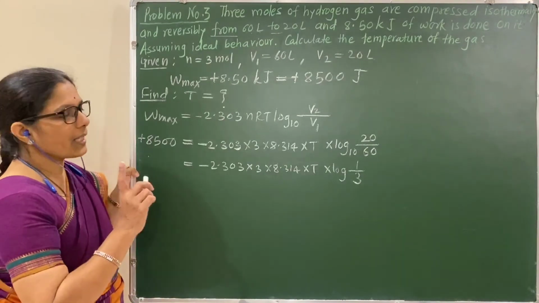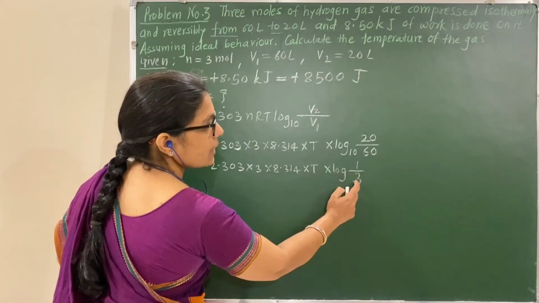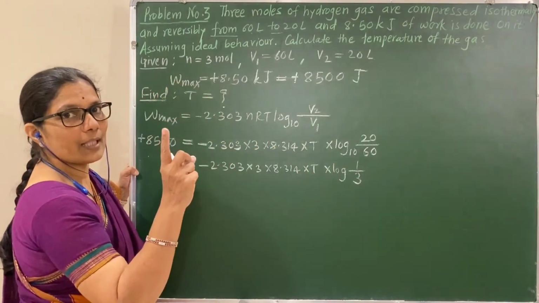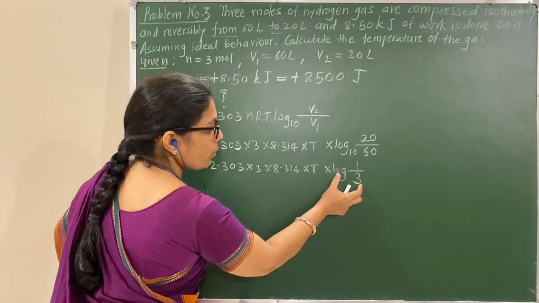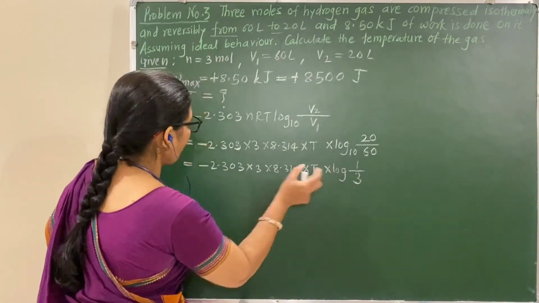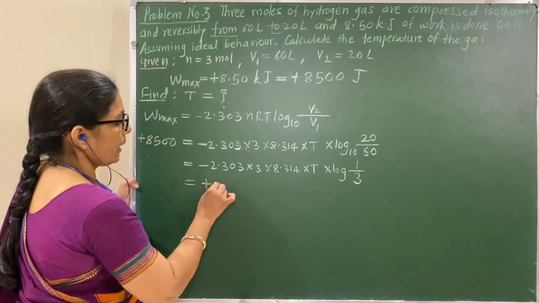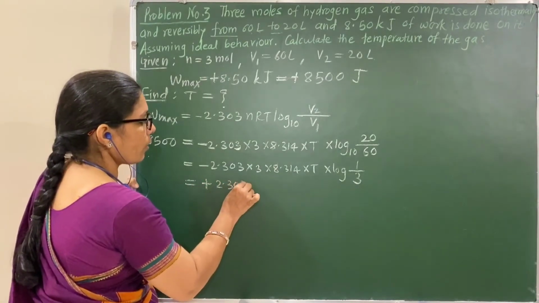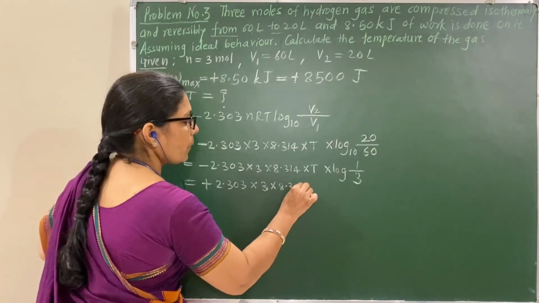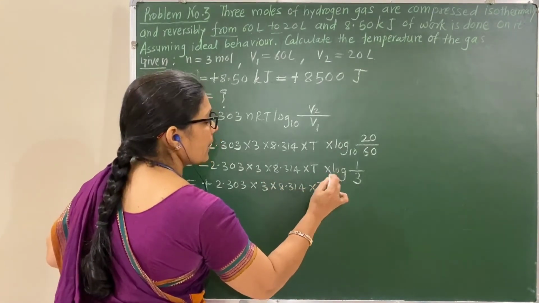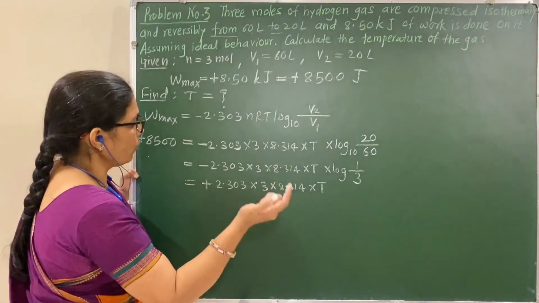Yes. Now see here, this means log 1 minus log 3, and log 1 is always 0. That is 0 minus log 3. Now this minus log 3 and this minus, that is positive. That is 2.303 into 3 into 8.314 into T. I will give you one trick after this numerical.